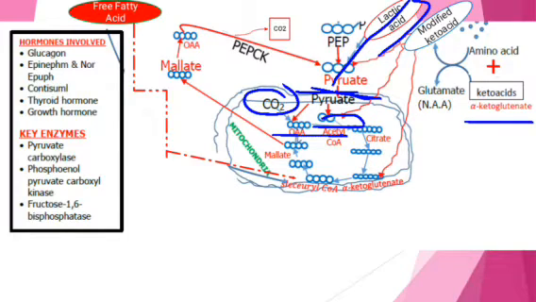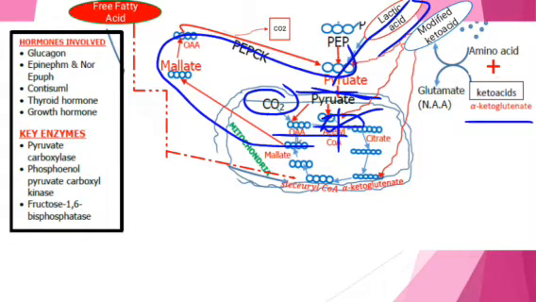So pyruvate carboxylase can come in and add one more carbon molecule to acetyl-CoA, push it back to pyruvate, and then pyruvate is converted to oxaloacetate by the carboxylase enzyme, then moves out and enters the pathway.